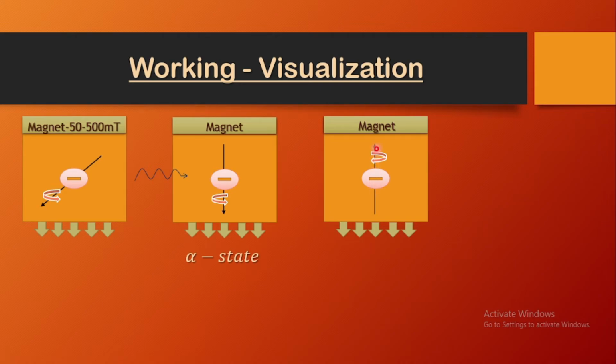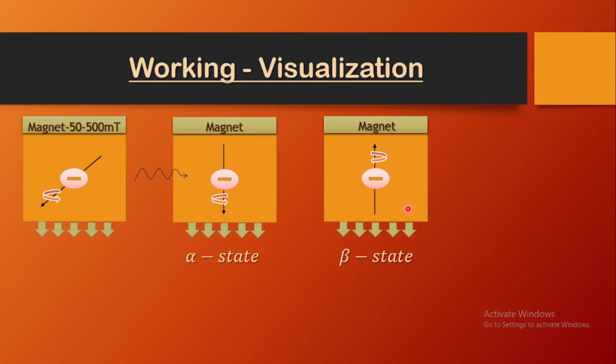So clearly, the spin of the electron is in the upward direction and the magnetic field is applied in the downward direction. So here we can observe that flipping of the electron spin takes place due to the effect of the incident photon. This state where we observe antiparallel nature, that is, due to the incidence of photon on the electron, the electron is able to oppose the applied magnetic field and orient in the opposite direction due to the absorption, which is called the beta state or the antiparallel state.